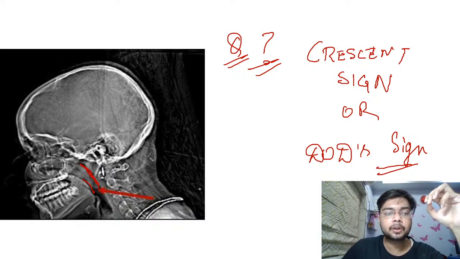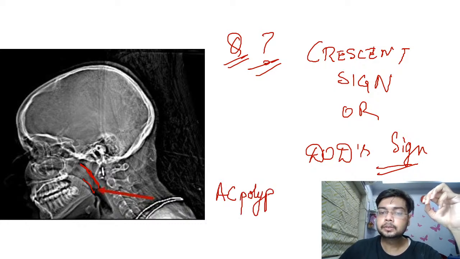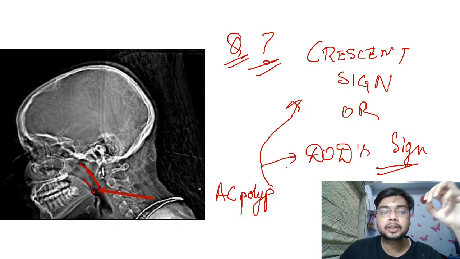So in cases of antrochoanal polyp, you will get this crescent sign or dot sign. So what is that? This is an air column above the mass.